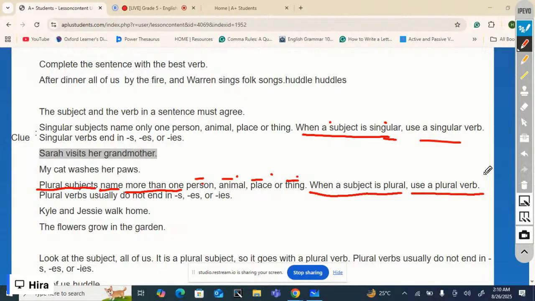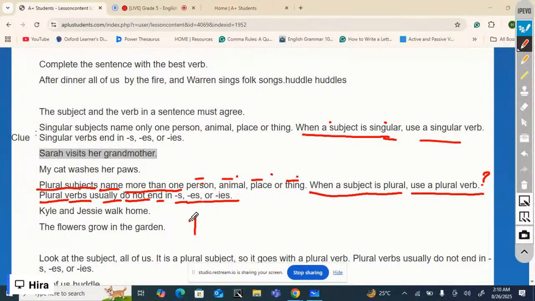Now, do you know what is a plural verb? If not, let's learn today. Plural verbs usually, most of the times, do not end in s, es, or ies. Just the opposite of singular verbs.